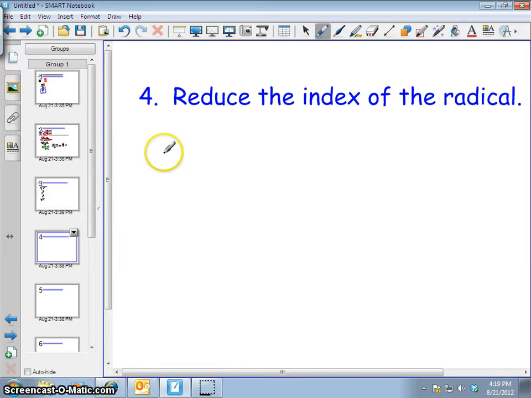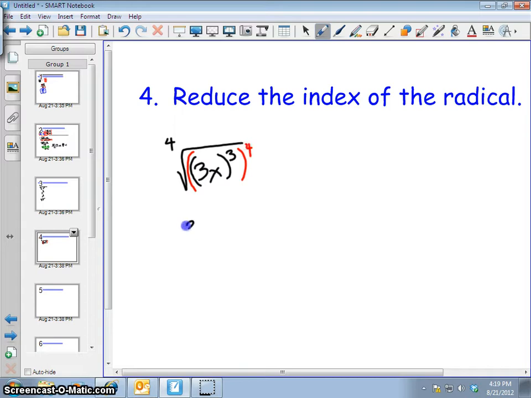Number 4. This time it's the 4th root of 3x cubed, and the 3x is in parentheses. And then that whole thing is actually to the 4th power, like that.